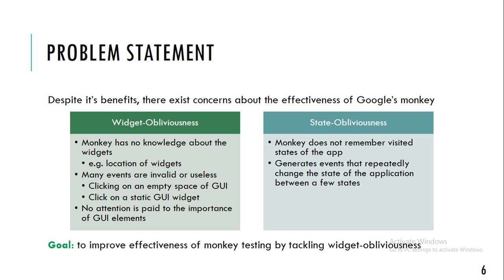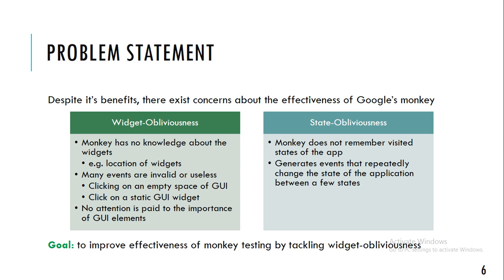Therefore many of the events that the monkey generates are actually useless. Say for example, monkey clicks on an empty space of the GUI where there is no widget, or it clicks on a static widget like an image or static text. This results in no event handler being called and no code being executed in response to that event. So the event is actually useless.